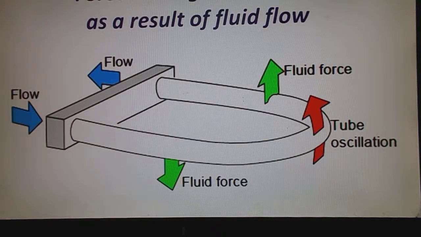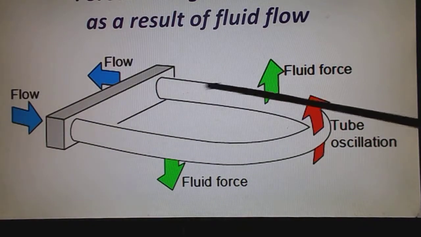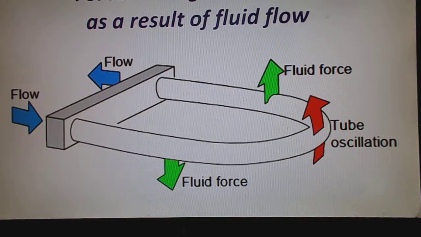Now when the fluid flow is taking place, flow is going like this and coming out like this. At the same time, the oscillation movement is being applied. This oscillation movement goes up and down.